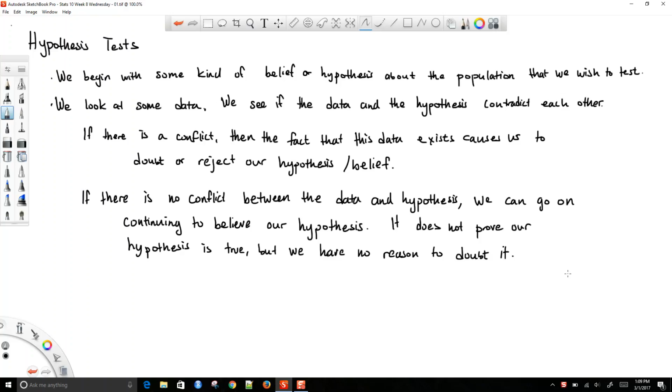Okay, and this is kind of a little bit of the framework in which we're going to work. So we set up some hypotheses, we look at the data, and we see if there's a conflict.